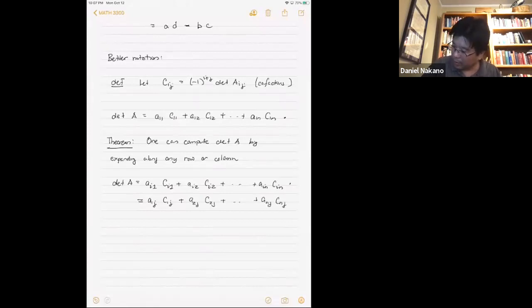So this here is the row expansion, and this here is the column expansion.